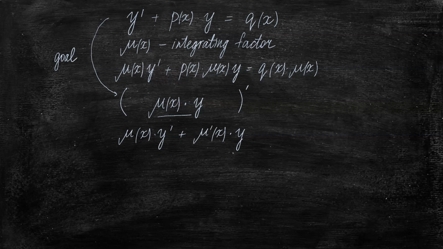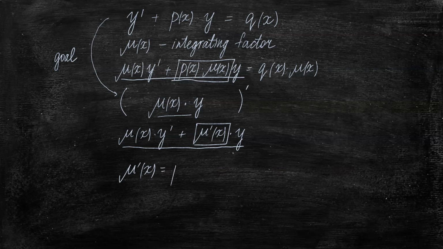So notice how we can totally achieve that, because look, we want this to be equal to this, and it is totally achievable if mu prime of x, which is here, is equal to this coefficient right there.